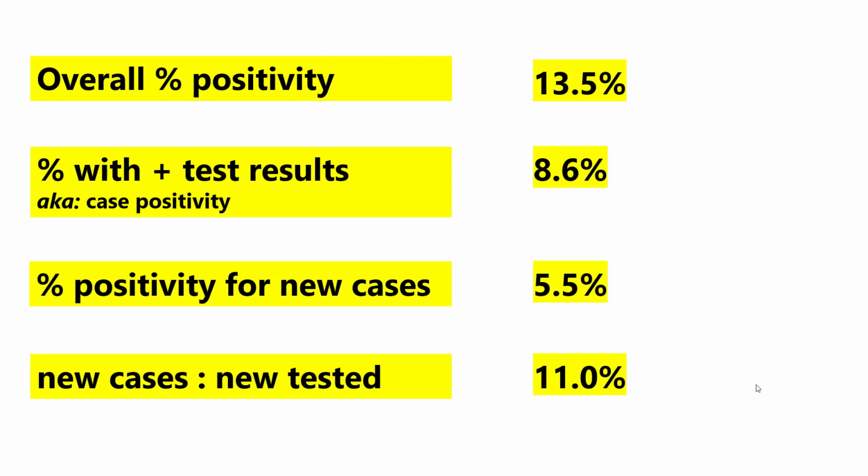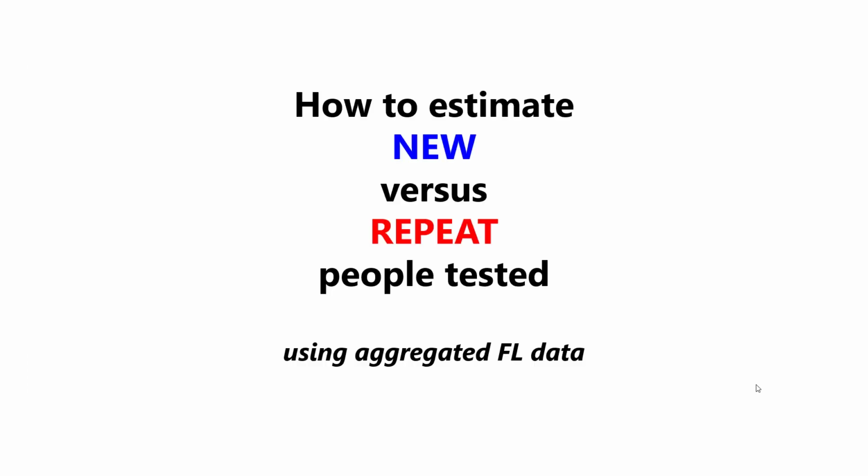Maybe not the overall positivity rate, because it dilutes so much the newer test results on a given day, but certainly the bottom three tend to trend together. So they'll give you a good feel for: are we increasing, decreasing, or staying the same? But obviously, as you can see, the absolute numbers are quite different.